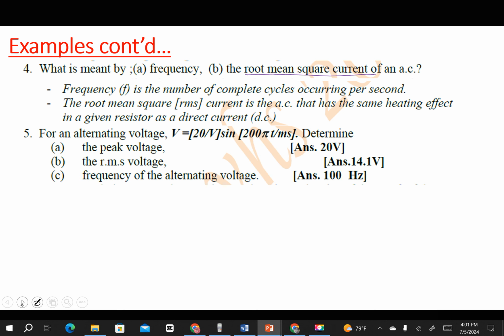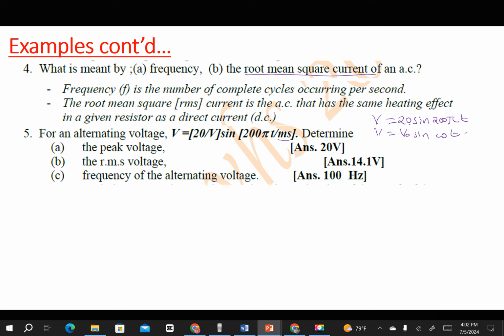Then for an alternating voltage, V equals 20 volts sine of 200 pi t, where t is measured in milliseconds, determine the peak. So I just compare V equals 20 sine of 200 pi times t with V equals V0 sine omega t.